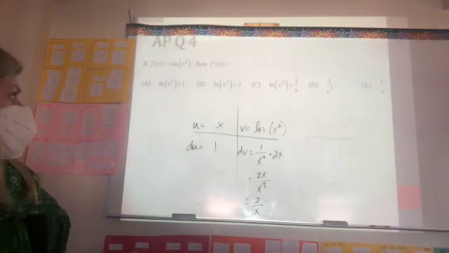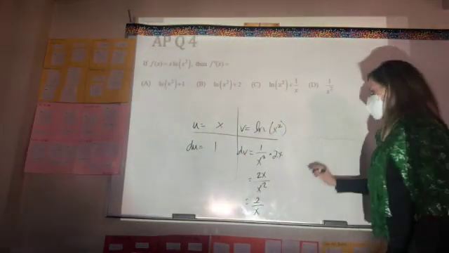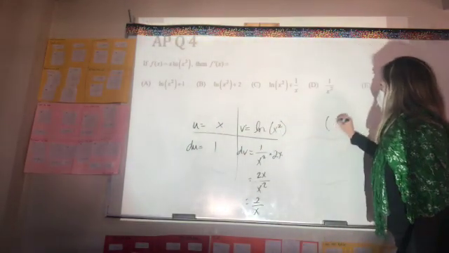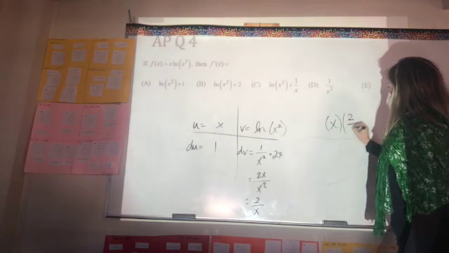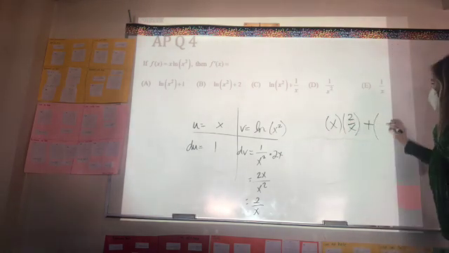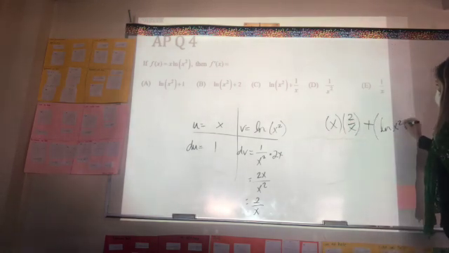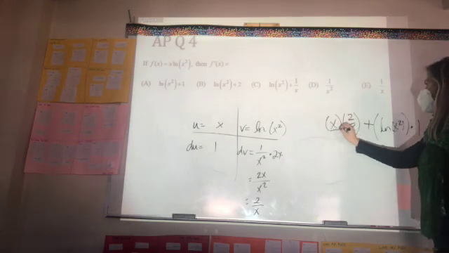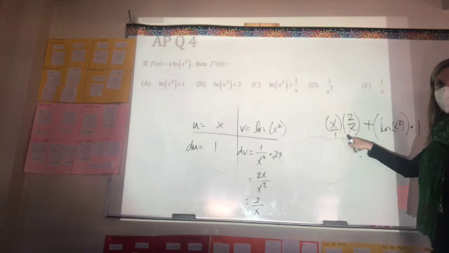Isn't that like the chain rule? No. All right, so this is my u dv plus v du. So I get x times 2 over x plus ln of x squared times 1. This is 2x over x, you get 2.